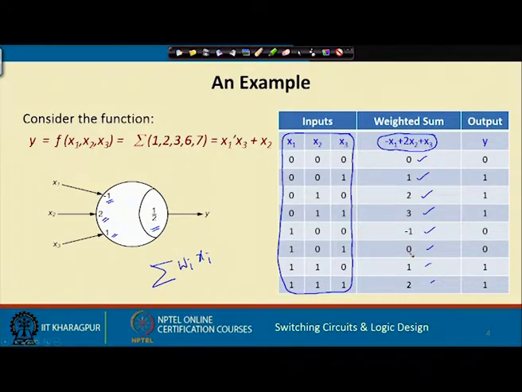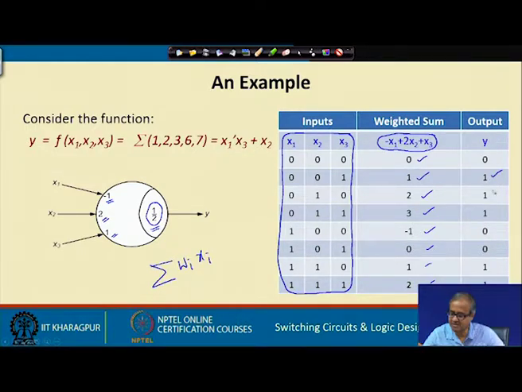Now you see, because the threshold is 0.5, half, among these how many of them are greater than or equal to half and how many of them are less than half? You see this is greater than half, 2, 3 is also greater than half, 1 is also greater than half, 2 is also greater than half, but these, 0, -1 and 0, are not greater than half, that is why you are getting the output 0. You can verify this is nothing but what you wanted to implement: 1, 2, 3, 6, 7.